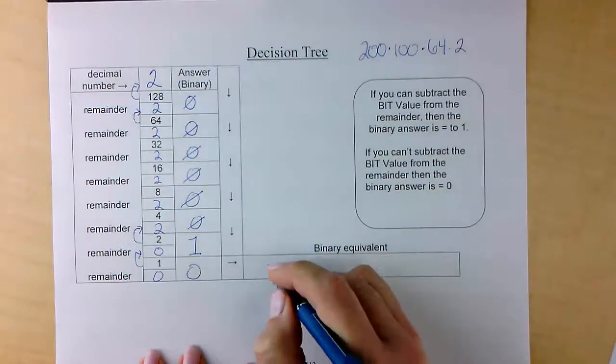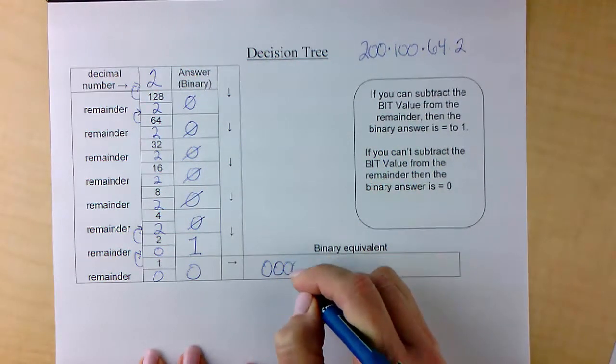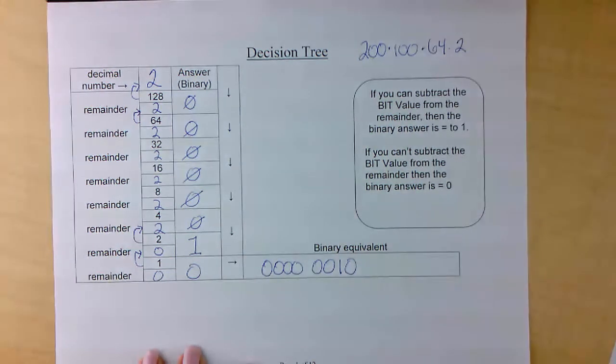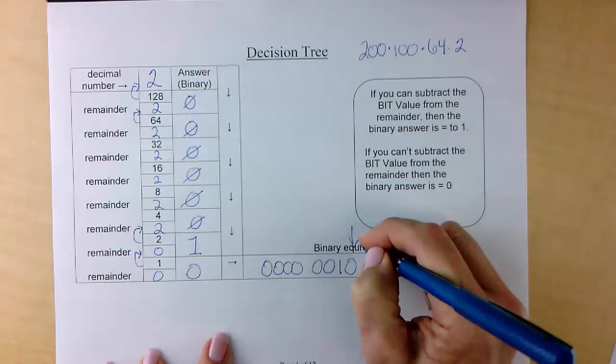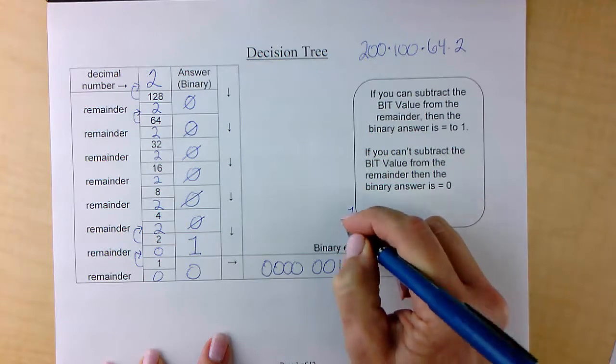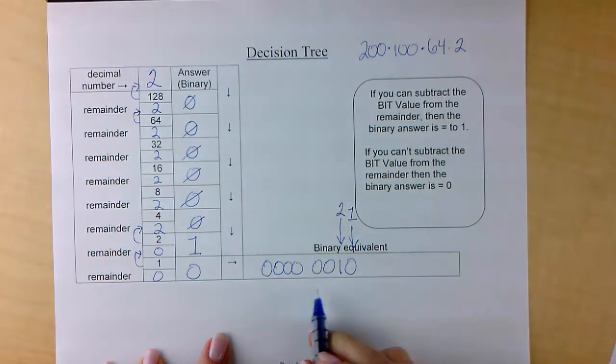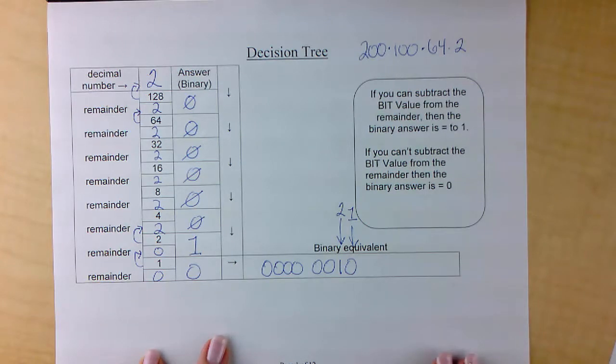My binary equivalent this time, that's an easy one. If you think back to our positional values, we know that the positional value here is 1, the positional value here is 2. So it's easy to see how we can write the number 2 in binary.